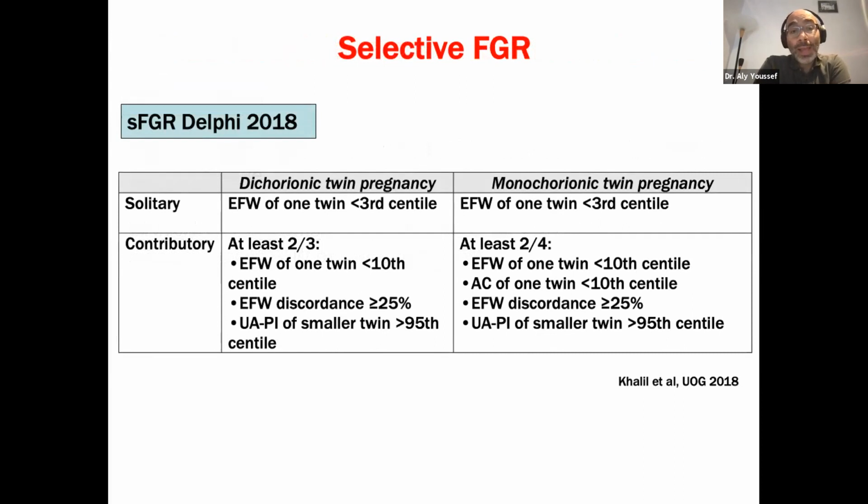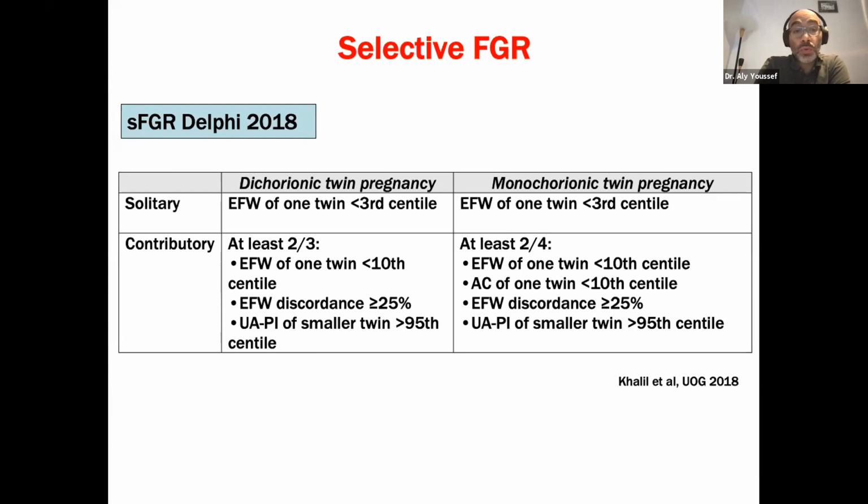Recently, a Delphi paper has been published, which is practically a consensus between the largest number of experts worldwide, and it defines some definitions. So it has been agreed that to diagnose a selective fetal growth restriction in dichorionic twins, if we would like to use only one characteristic, it is better to use the estimated fetal weight less than the 3rd percentile.